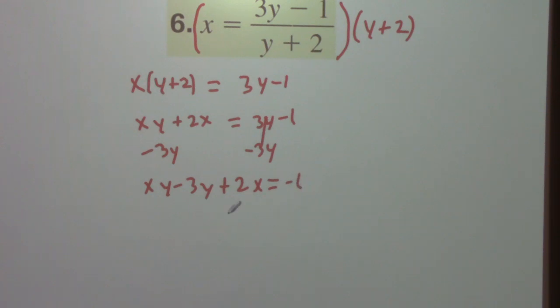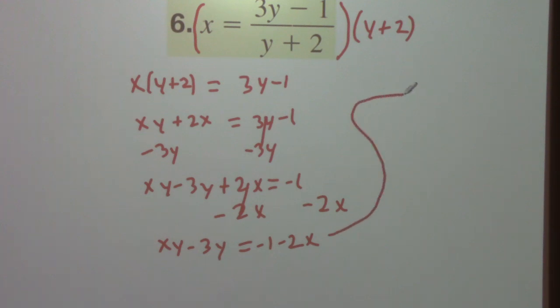And then what? You add the 2x. Subtract 2x. So we have xy minus 3y equals negative 1 minus 2x. Is that right? And then what? Divide by x. So I'm going to go up here.